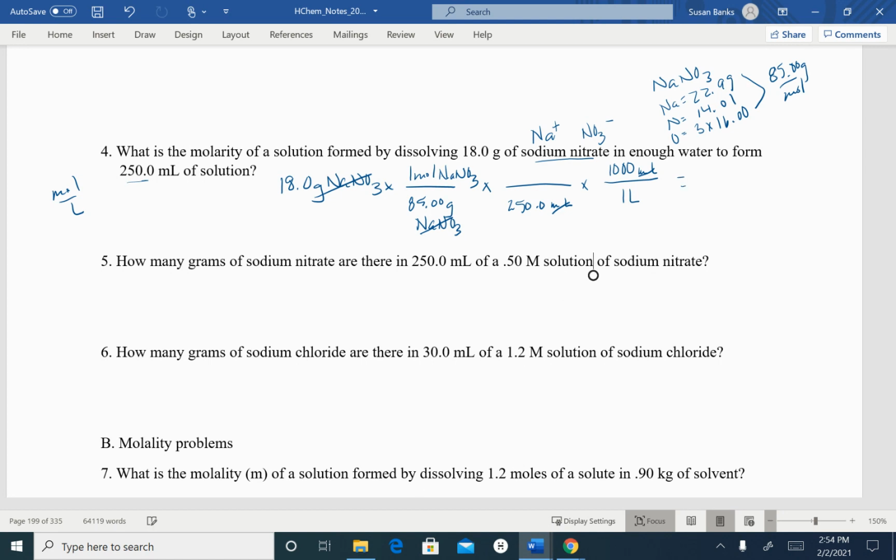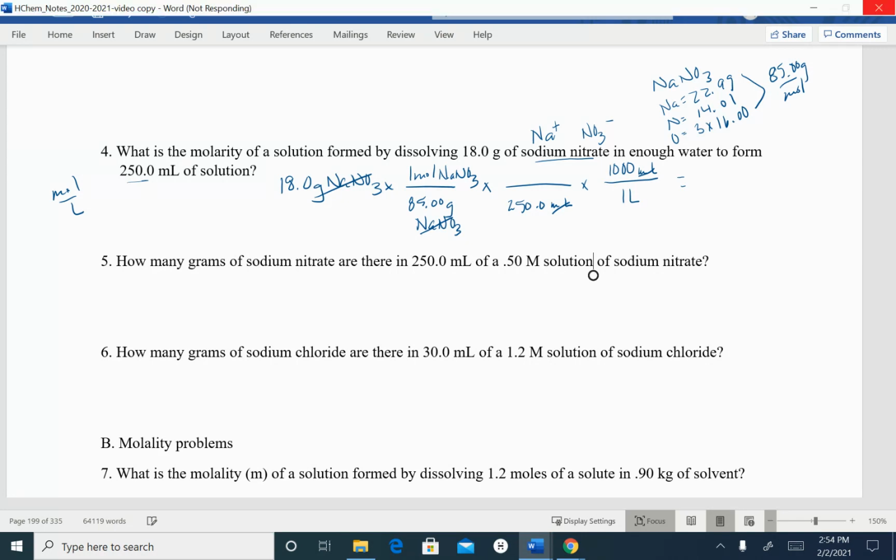So mathematically, we are going to take 18, divide it by 85, divide it by 250, and then multiply it by 1,000.